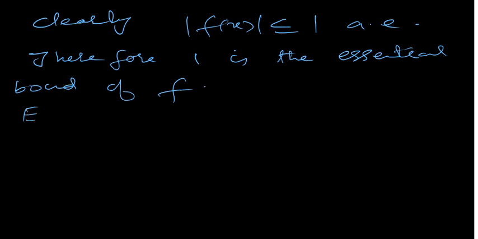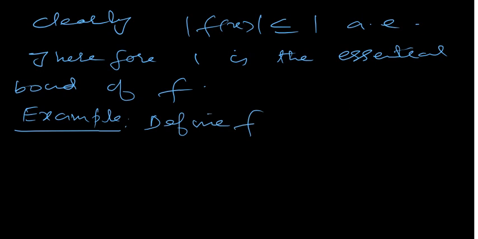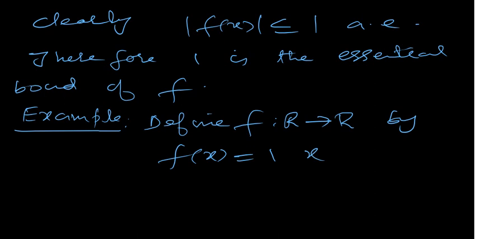So let's take one more example where we don't have an essential bound of a function. So let's define this function, say f from R to R. I can define the identity function as well, or define this by f of x is equal to 1 if x is a rational number, and it's equal to x if x is an irrational number. Then this function is not bounded almost everywhere.